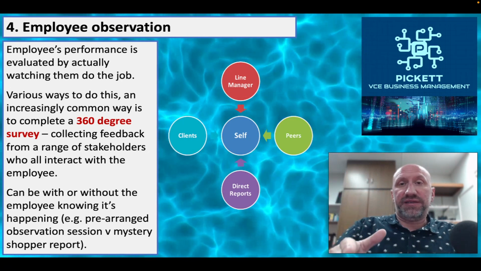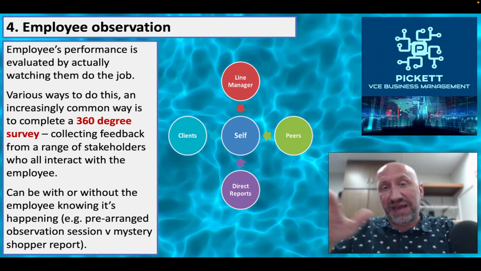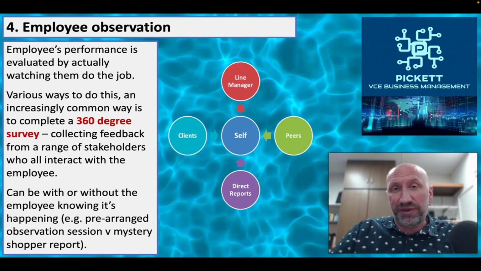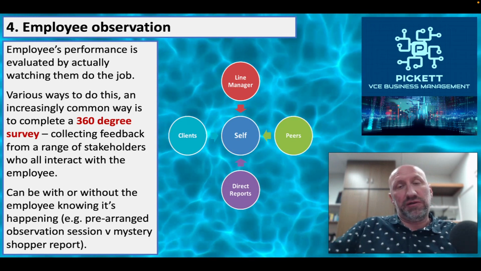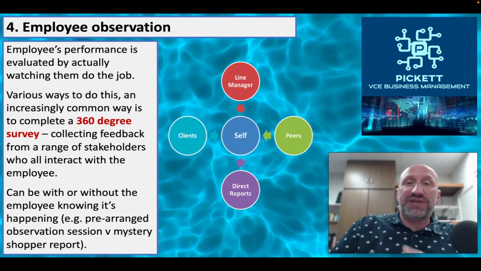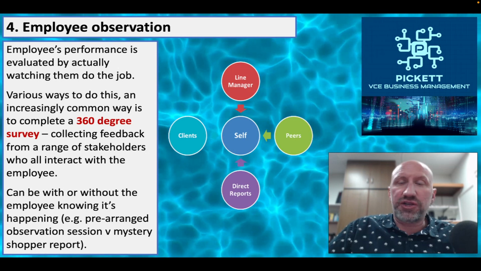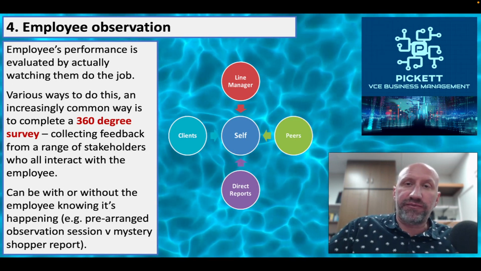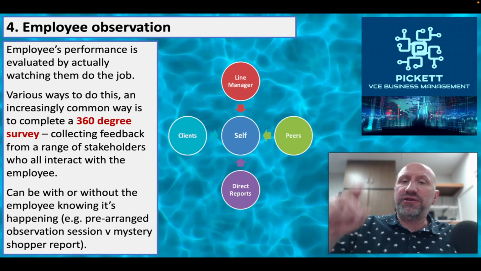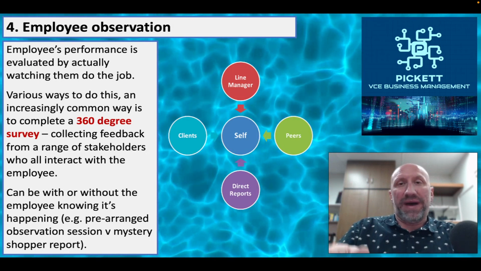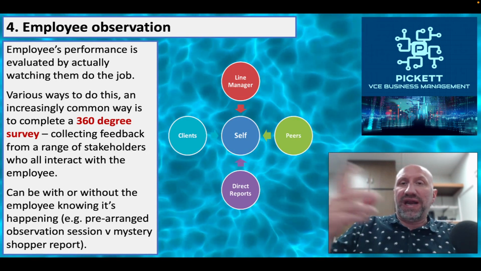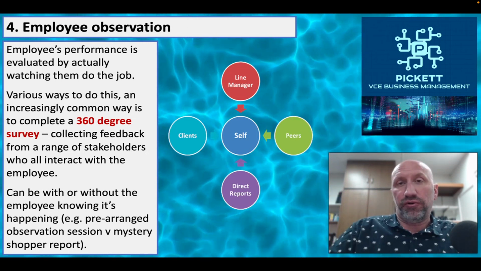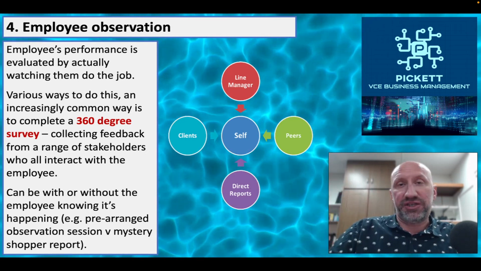You're then going to collect information from any peers they have. So in other words, people that work alongside them in the organization, at the same level. Clients, potentially, if they deal with clients, you can also get information from external clients. And then also, if they are a people manager themselves, you can get information from their direct reports. So in other words, the people that they manage.